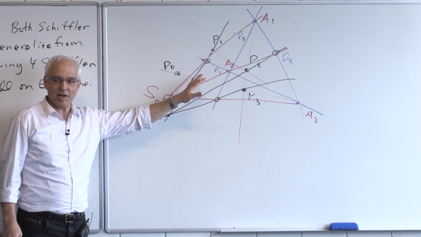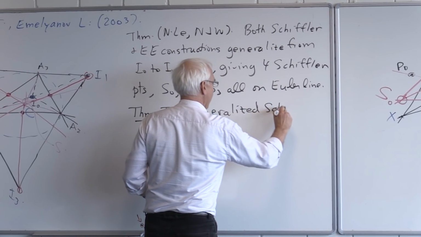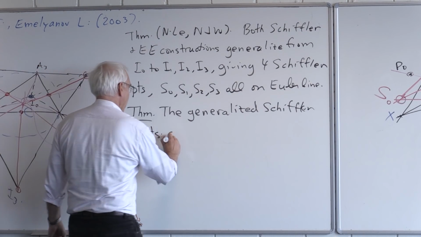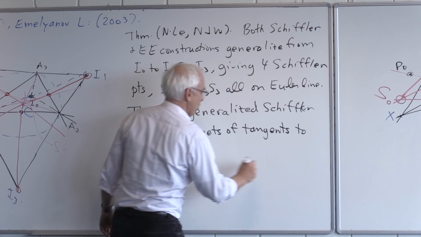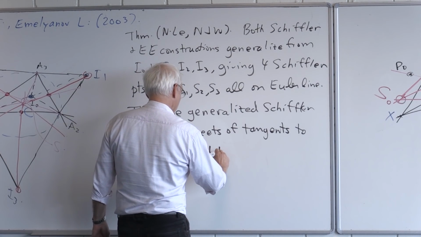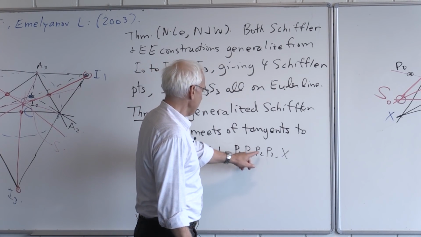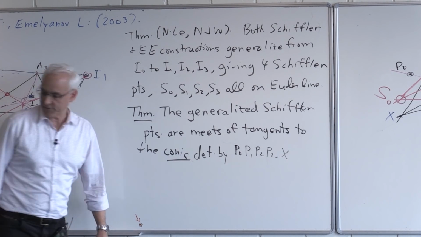I don't actually even have to know the details of this construction because of something else that we found out, that these generalized Schiffler points are the meets of tangents to the conic determined by our 5 points, P0, P1, P2, P3, and X. Are meets of tangents to the conic, yes.